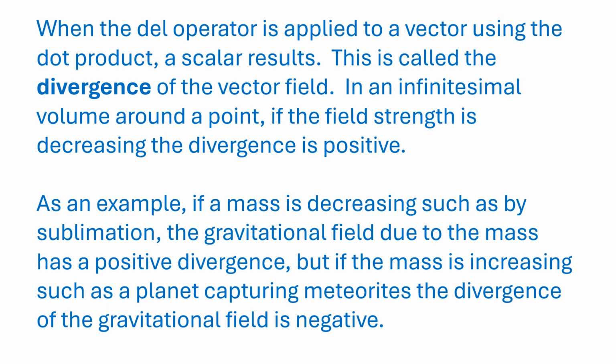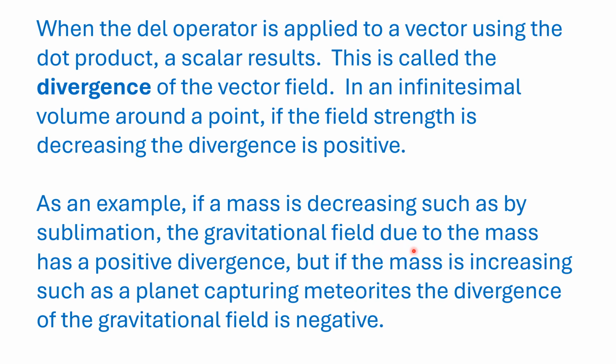As an example, if a mass is decreasing, such as by sublimation, that would be for a solid the equivalent of evaporation. And yes, solids do disappear. We call it sublimation.